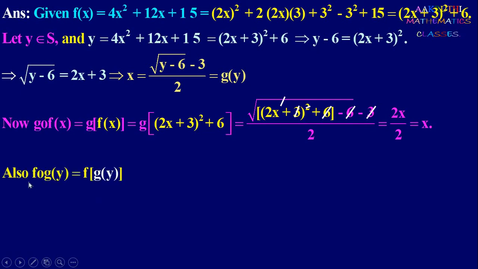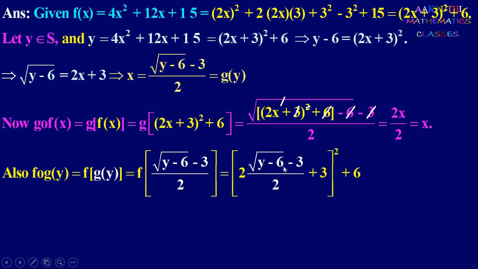Now we find f∘g(y). It is f(g(y)), and here it is given g(y) is (√(y−6) − 3)/2. Therefore we get f((√(y−6) − 3)/2). Now it is of the form f(x), and we write f(x) as (2x+3)² + 6. In place of x we substitute (√(y−6) − 3)/2, and we write (2·(√(y−6) − 3)/2 + 3)² + 6.